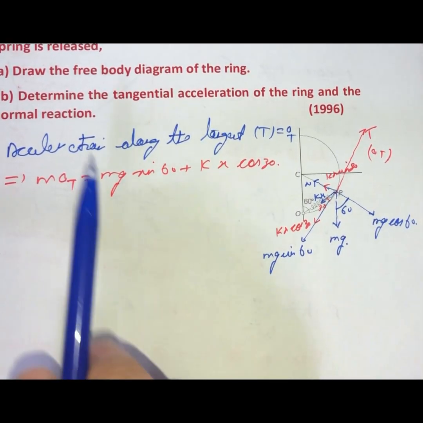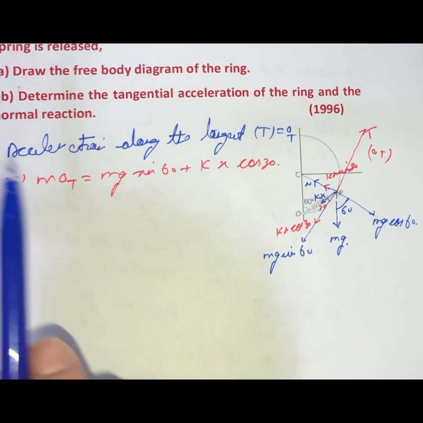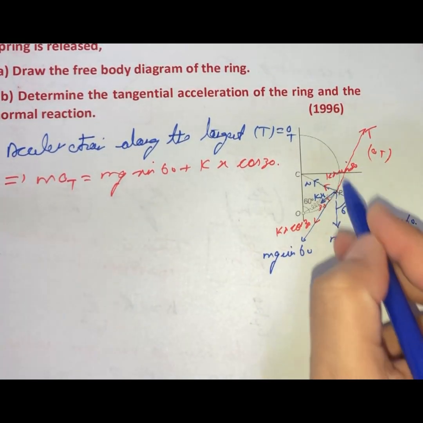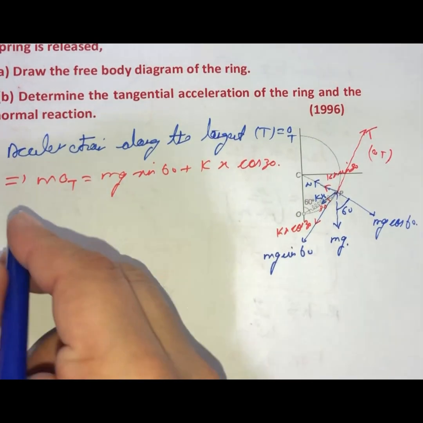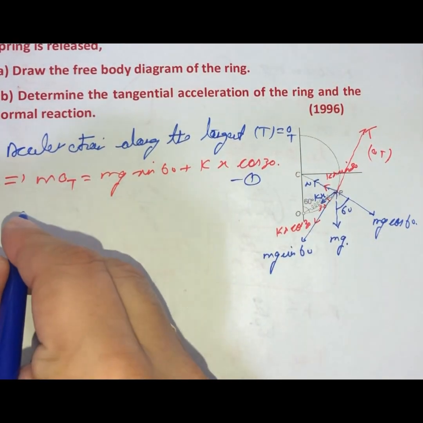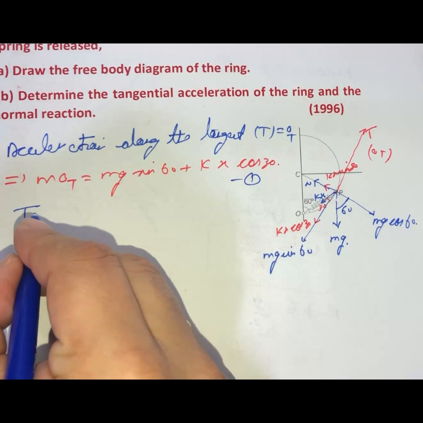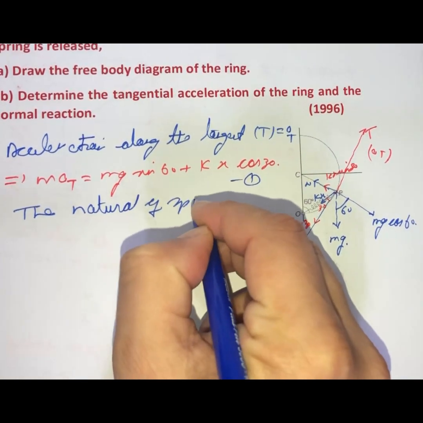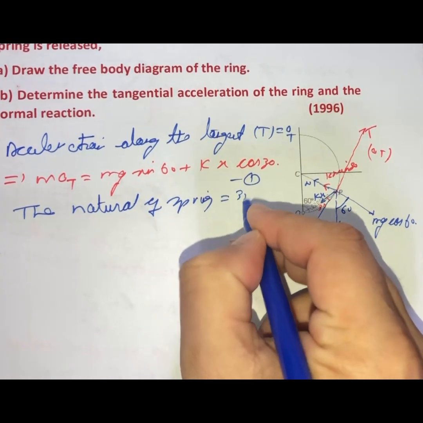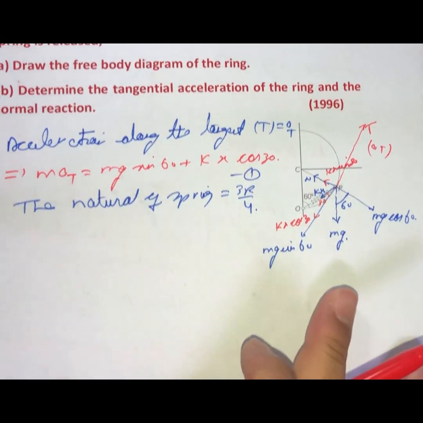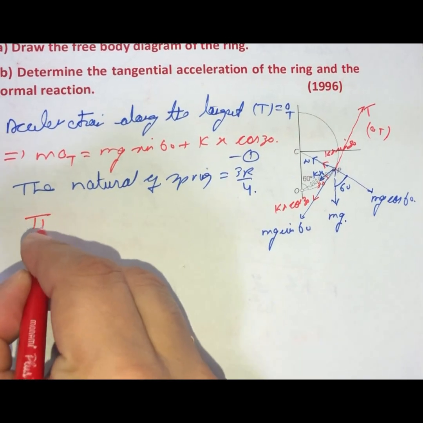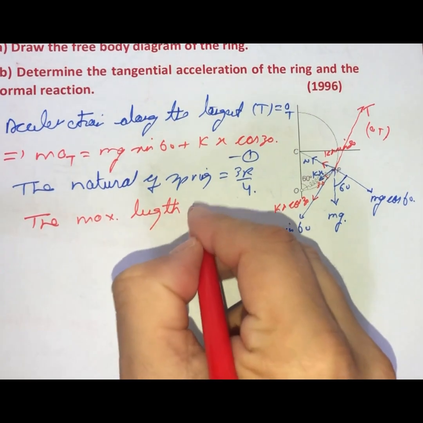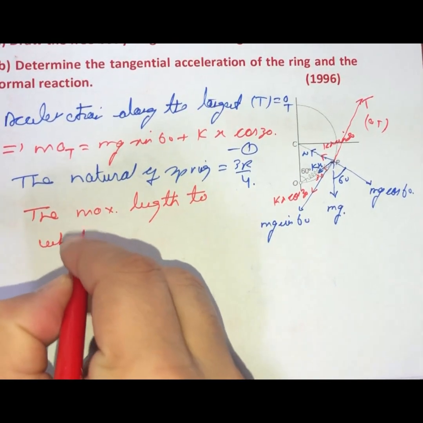So the natural length of the spring is given as 3r by 4, and the maximum length to which the spring can be stretched is equal to r, because r is the radius and it has to be in contact with the semicircle.